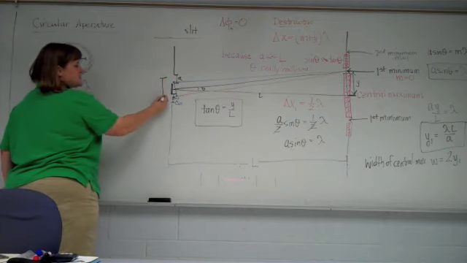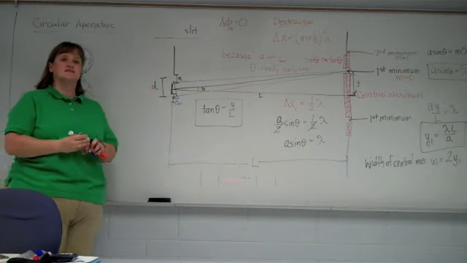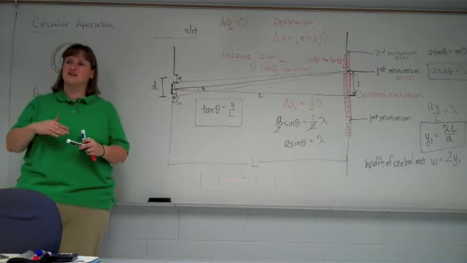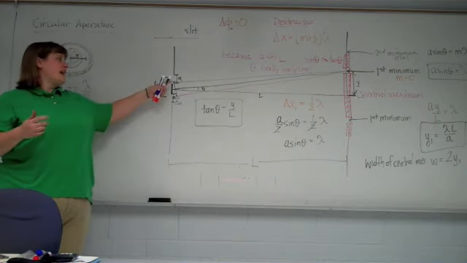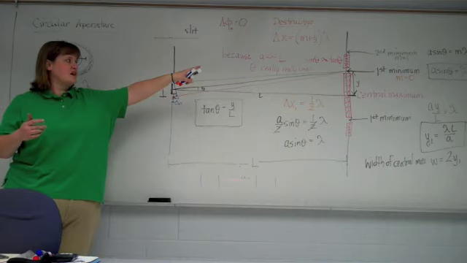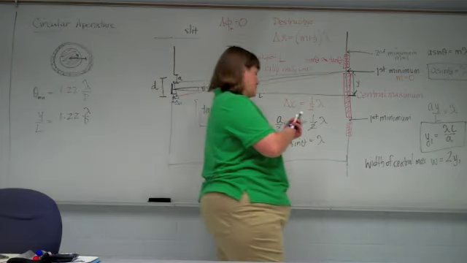The distance from center to center of the slits now is called d, little d. So little d is the distance from the center of one slit to the center of the other slit. Now we have light coming from one slit and light coming from the other slit, traveling along, coming up, and hitting the whiteboard, our screen.